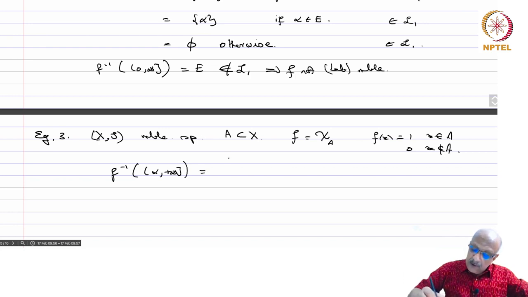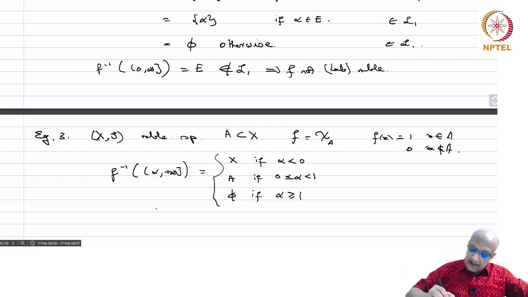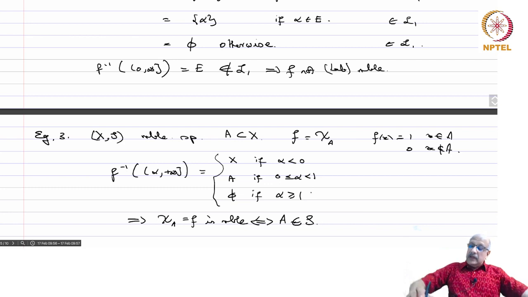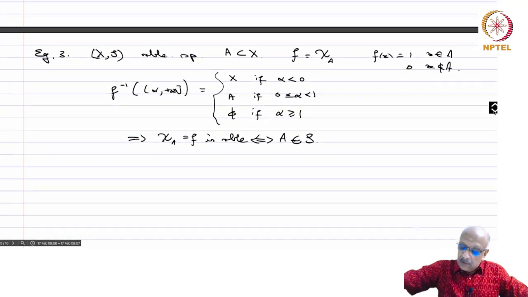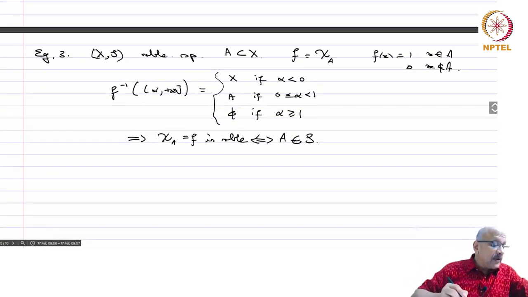It is equal to the whole space X if alpha is less than 0, A if 0 is less than or equal to alpha which is less than 1, and the empty set if alpha is greater than or equal to 1. And therefore this implies that chi A equal to f is measurable if and only if A belongs to S. So whenever we deal with simple functions, we will deal with simple measurable functions. That means we are talking about characteristic functions of measurable sets. Finally, example 4.